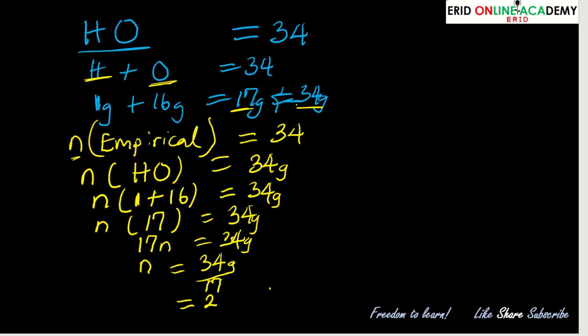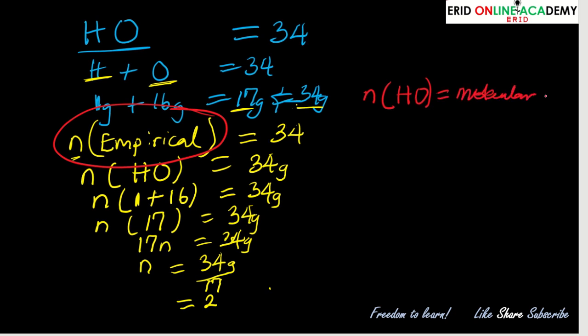If n equals 2, we have gotten the number we are looking for. So we go back to this empirical formula here. From that number we can see that n multiplied by HO will give us the correct molecular formula. So yes, we're almost getting there. Let's arrive at what the molecular formula is.